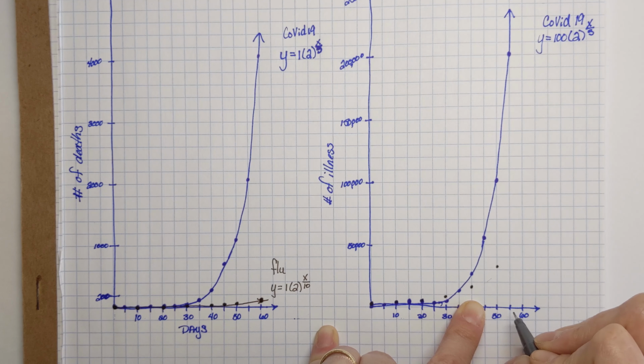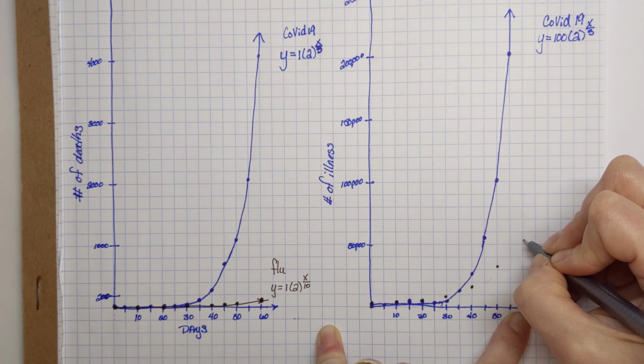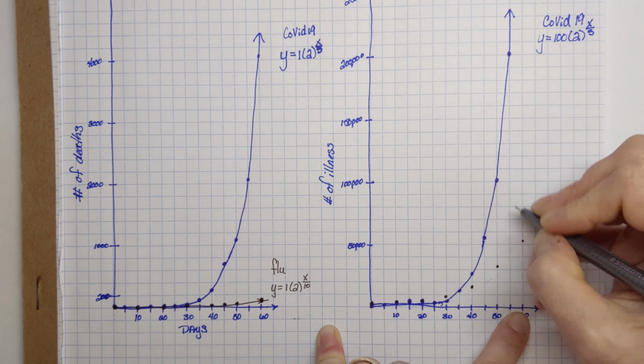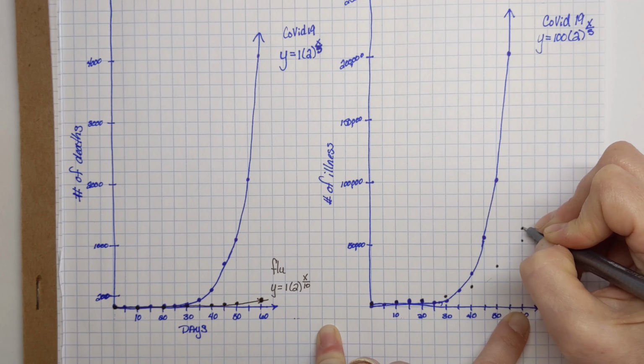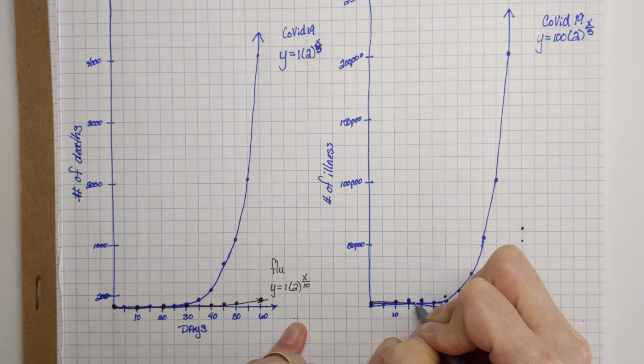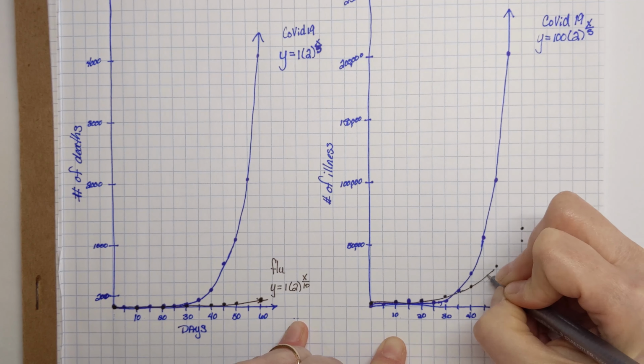And then it's going to be 10 days later, I will be at about right here, 64,000. Oops, and that's not right, it would be right here. Now I'm going to go ahead and connect those.